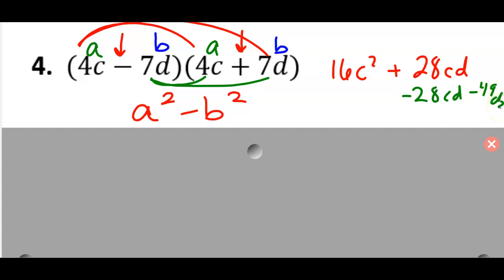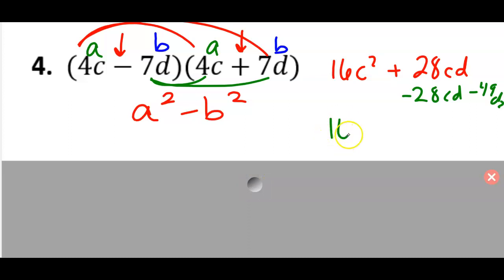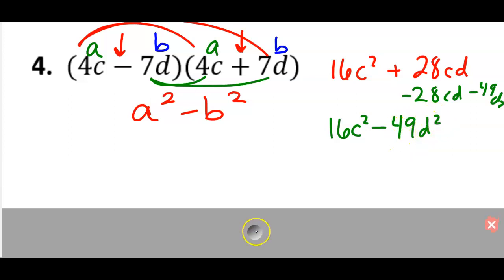So what's my answer? Well, my answer is 16c squared minus 49d squared, right? If I used my rule, I would have got the same thing.